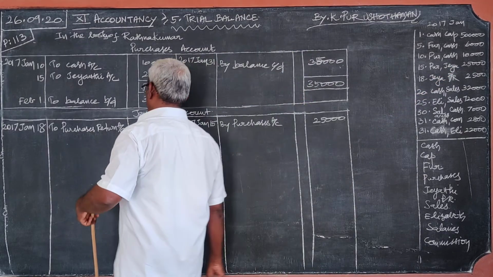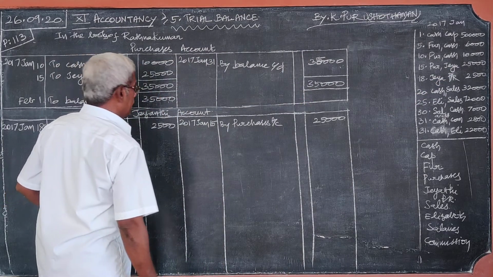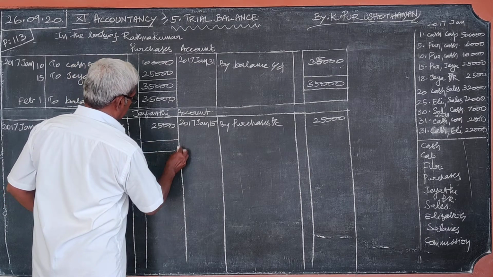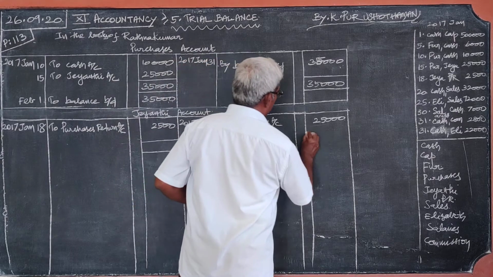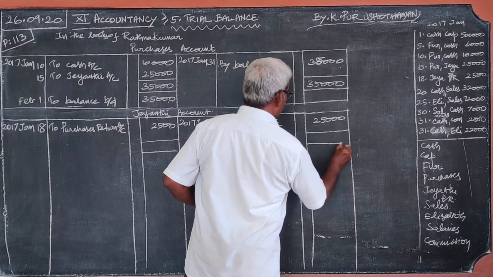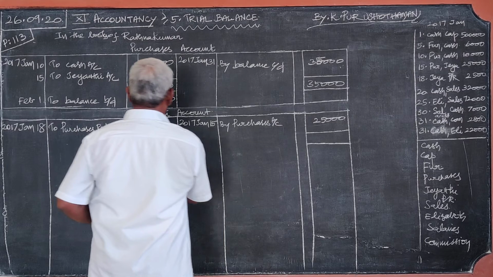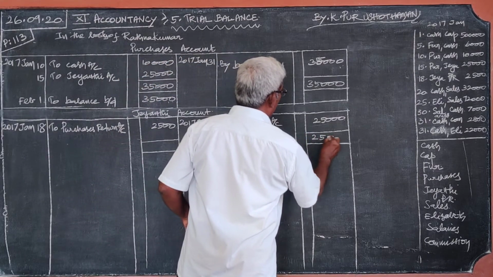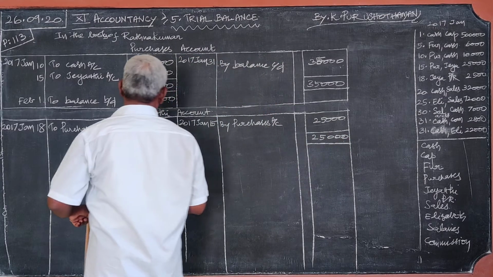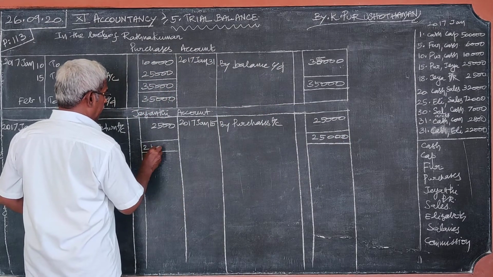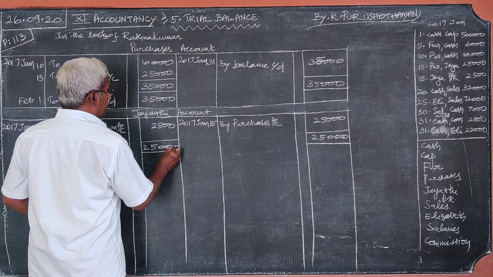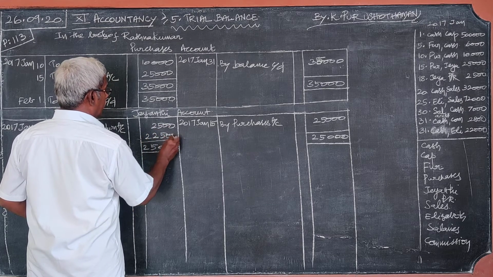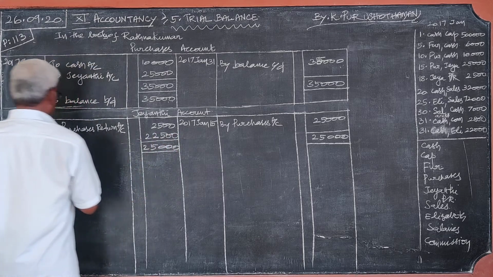So we can close the ledger. Here 25,000, here 2,500. So you write the greater total on both sides, 25,000. Here only the amount is missing. How much? 22,500. This is the balancing amount.